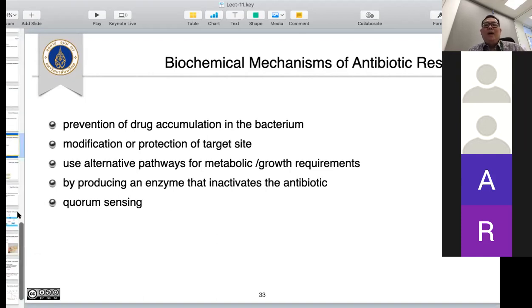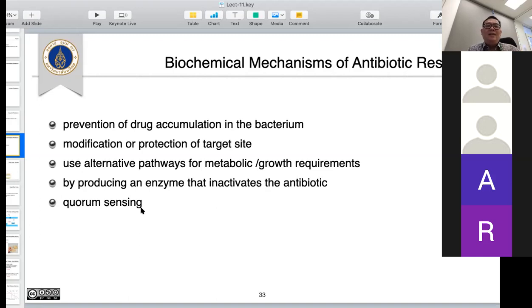Biochemical mechanisms of antibiotic resistance can prevent drug accumulation, where there are so many techniques. Quorum sensing. Quorum sensing, I mean, depends on the number of bacteria. When you get infected with one bacterium, it will secrete some protein or excrete some small compound. When bacteria keep multiplying, the compounds and proteins they secrete or excrete become more intense, more concentrated.